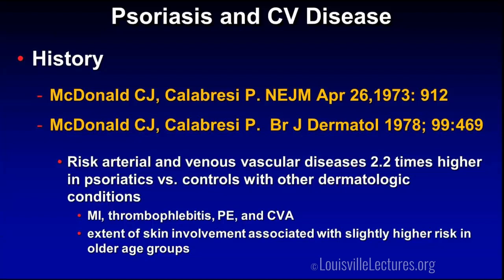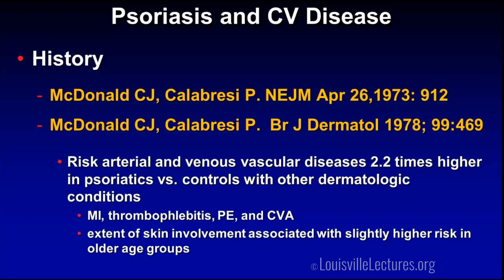Some of those vascular diseases included myocardial infarctions, pulmonary emboli, and strokes. To some degree, they found that the extent of skin involvement also predicted how high the risk was. Throughout the years following these manuscripts, a few studies continued to look at this association.